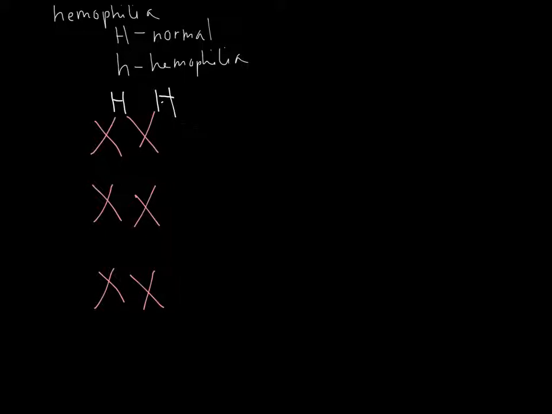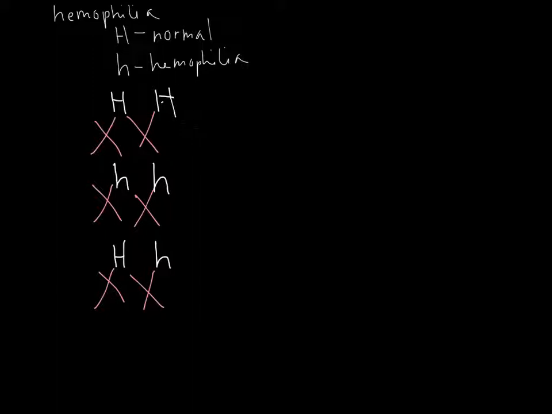I write it up to the top right of the X chromosome because it's linked to the X. So wherever this X goes when we're doing Punnett squares, that allele is connected to it. So you can have two dominant H's, you can also have two recessive h's, or you can have one dominant and one recessive.